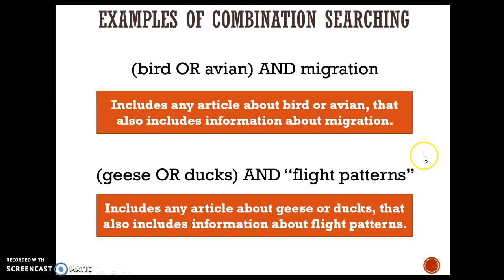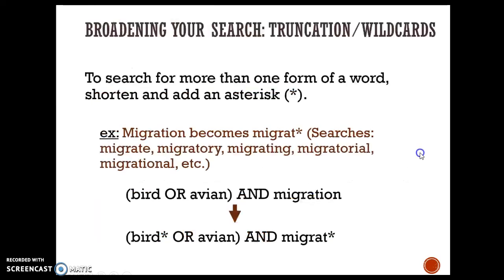We're going to talk about one more helpful search strategy here, which is called truncation or wildcards. So to search for more than one form of a word, you want to add an asterisk to the root of the word. But you want to think about what kind of results you might get as a result of using this.